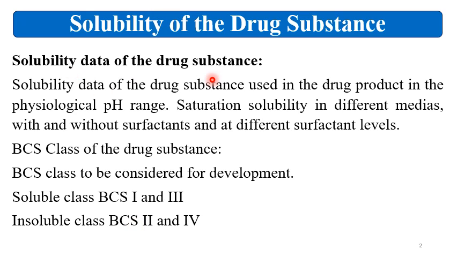So solubility data for the drug substance used in the drug product is required to be generated in the physiological pH range. This solubility study should involve media with pH in the physiological pH range.